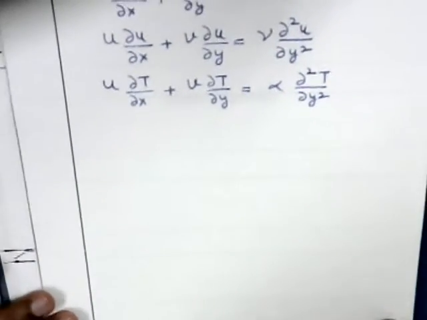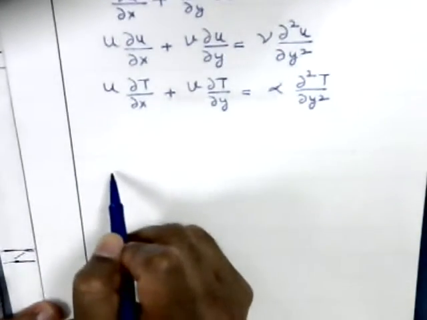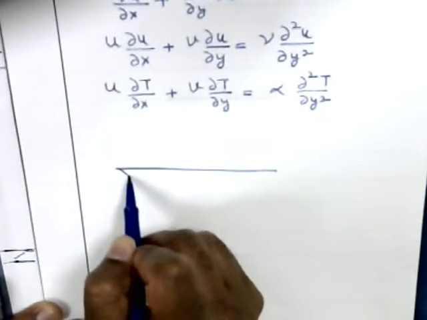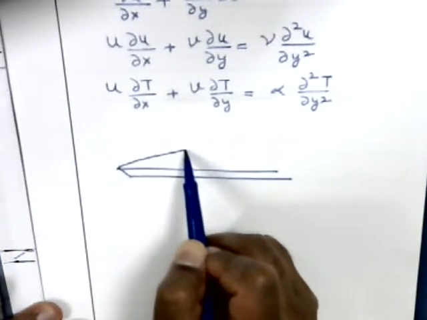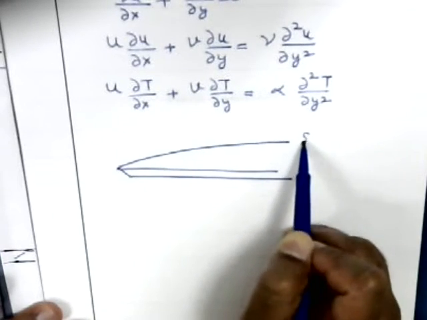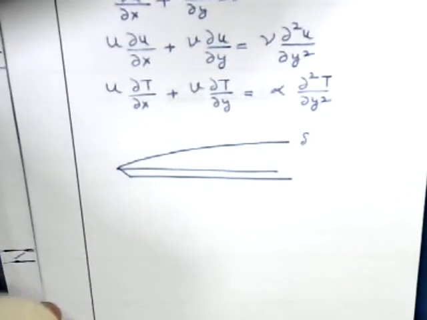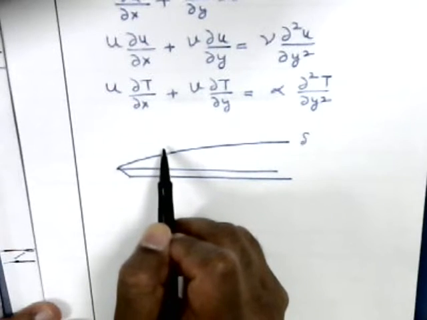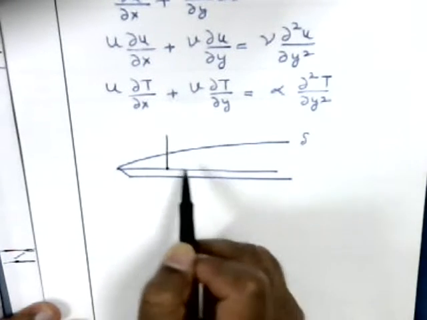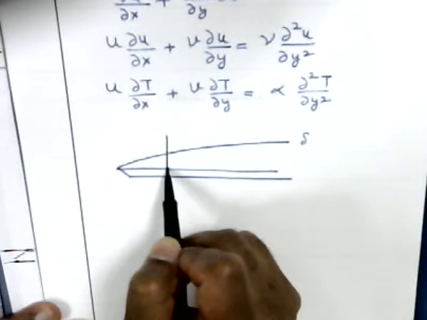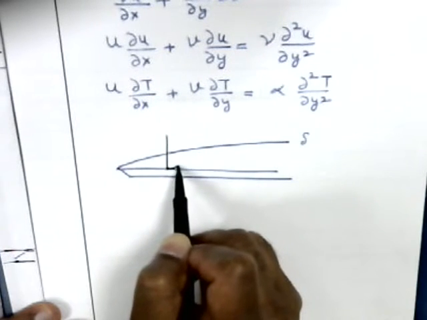Okay. So now the approach of Blasius was this. If this is the hydrodynamic boundary layer of thickness delta, within the boundary layer the velocity profile varies like this. Velocity in the x direction is 0 here, and it varies from 0 to u infinity.